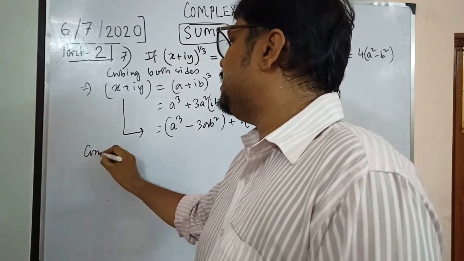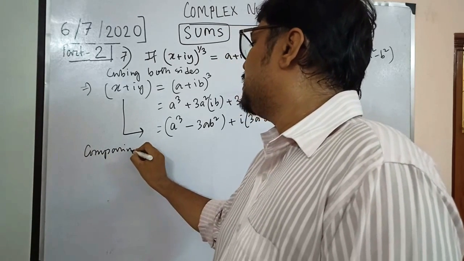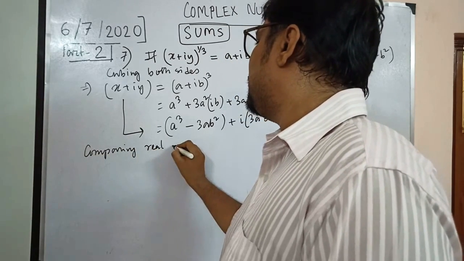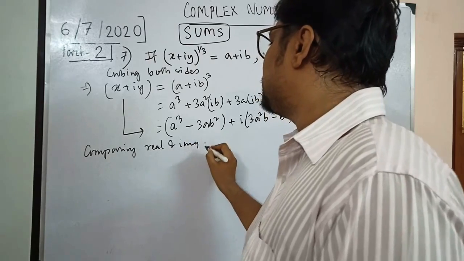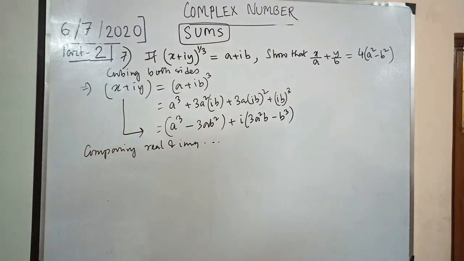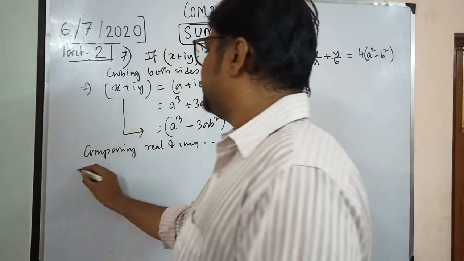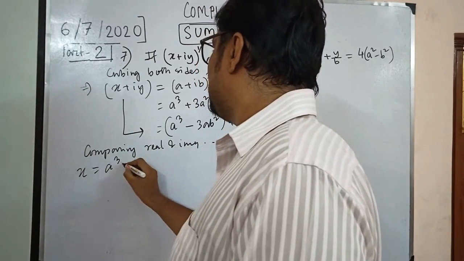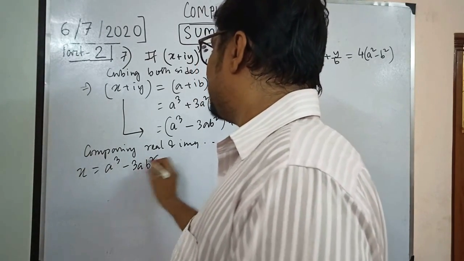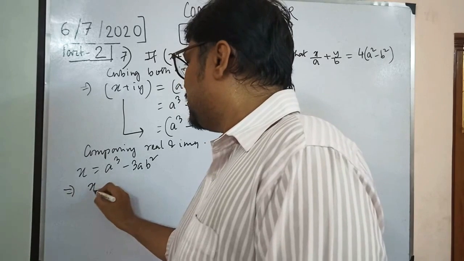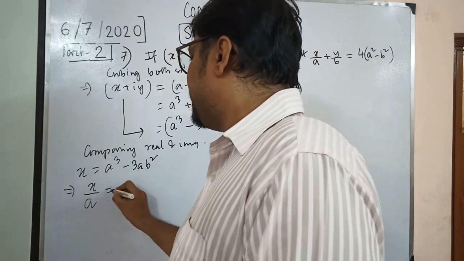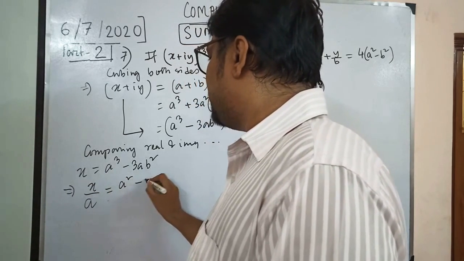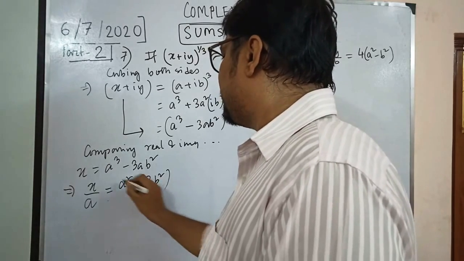Therefore, comparing real and imaginary parts, those things you write. So x equals a cube minus 3ab square. Dividing by a, you will get a square minus 3b square.